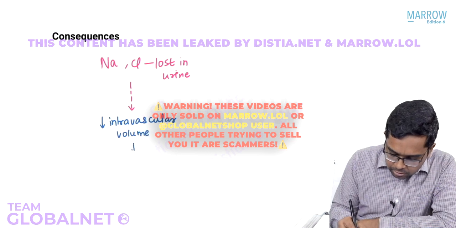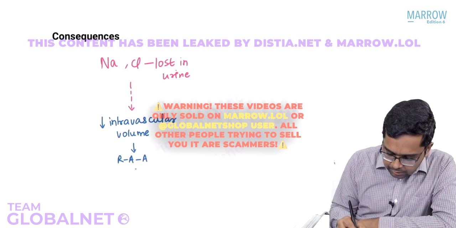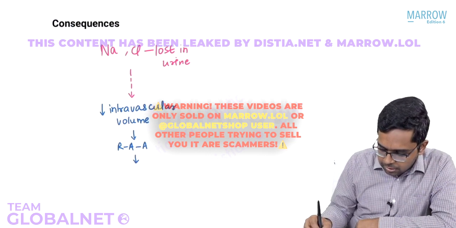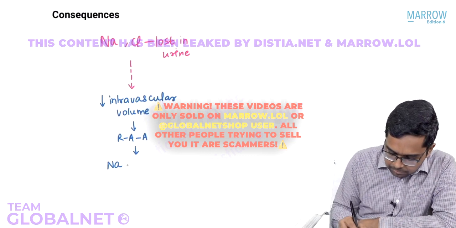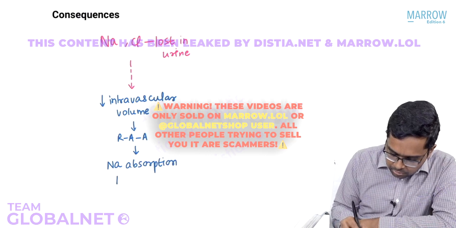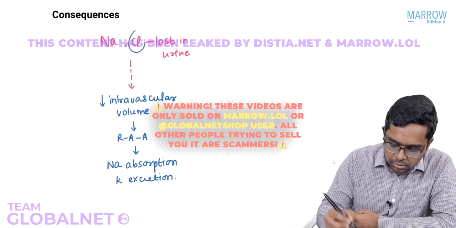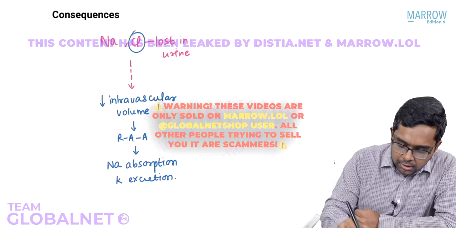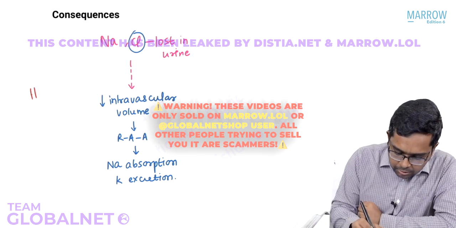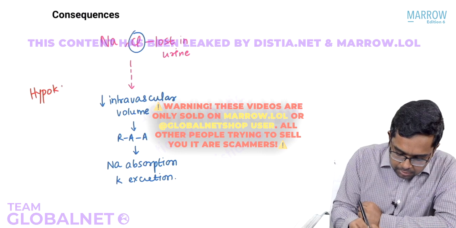Yes, the renin-angiotensin-aldosterone system will get activated, and that will result in sodium absorption and potassium excretion. So, in this condition, again, there is hypokalemia, and already you know that chloride is also lost in the urine. So, again here the problem is hypokalemic, hypochloremic metabolic alkalosis.